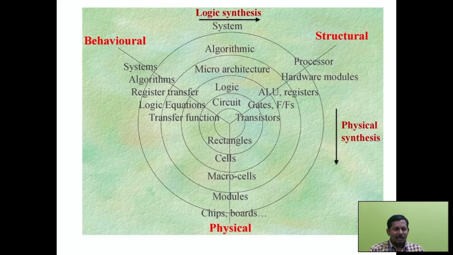Here, once we define the behavior of the module, we need to convert the behavioral into structural, then build the structural into the physical, so that logic synthesis and physical synthesis play a major role in VLSI chip design.